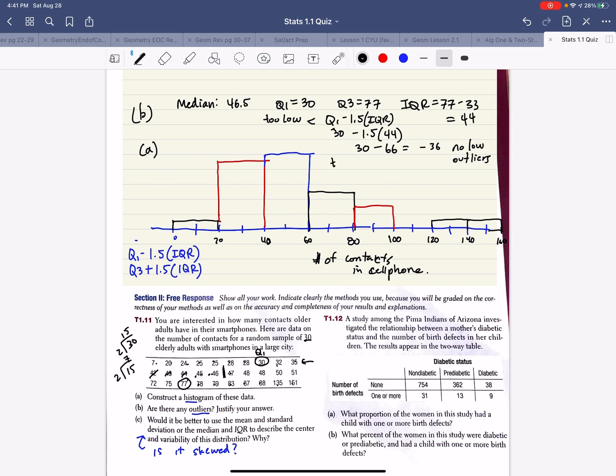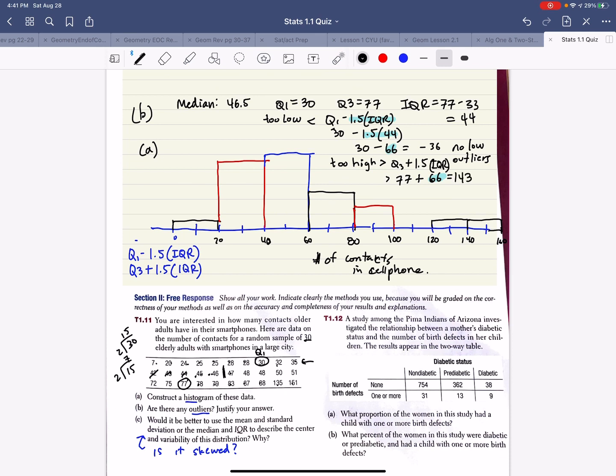All right, so what about too high? High would be any number bigger than quarter 3 plus 1.5 IQR, right? So quarter 3 we said is 77 plus, we already said 1.5 IQR is 66. So 77 plus 66 is 143.